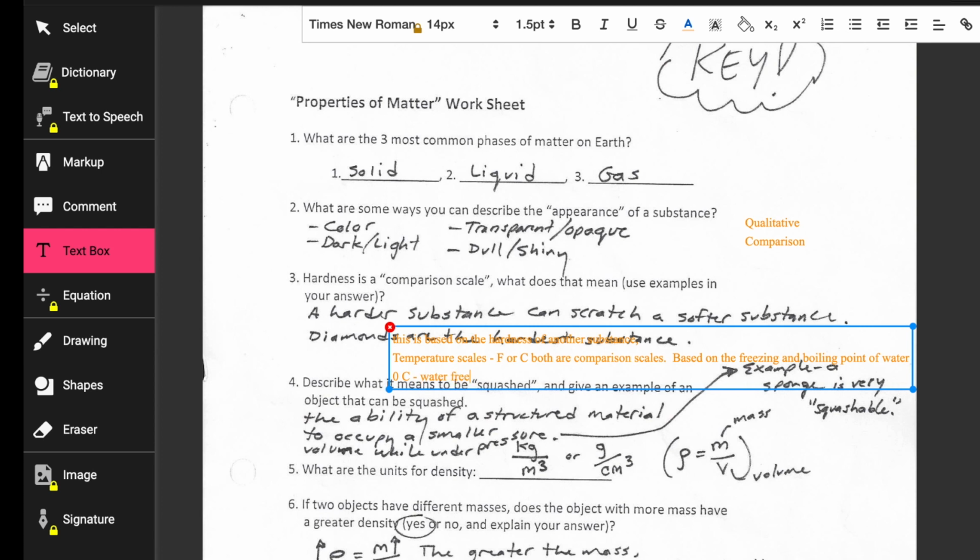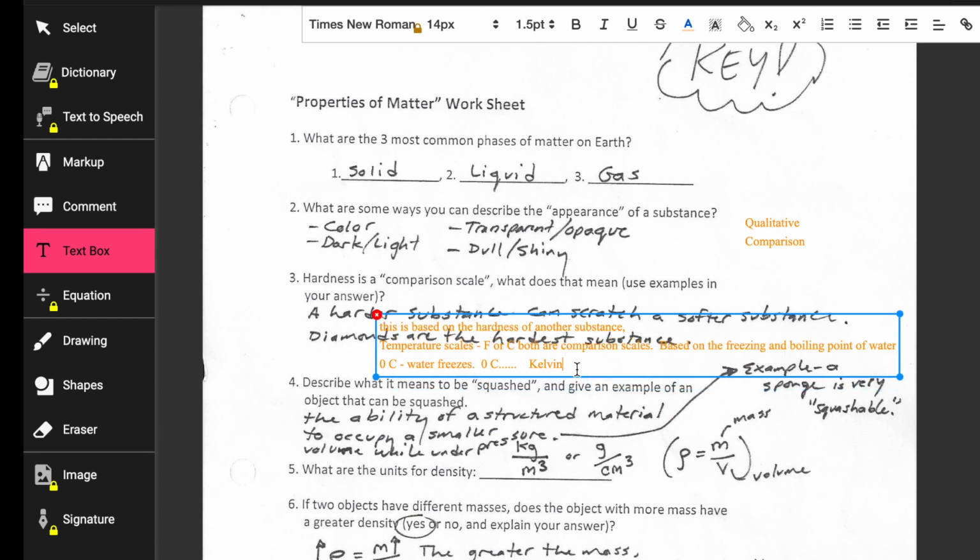That's just a number given to the state at which water freezes. So if we measured a piece of metal and we measured that temperature at 0 Celsius, all we're doing is comparing that to the temperature at which water freezes. Okay? That's one reason why scientists came up with the Kelvin scale, because it is not a comparison scale.